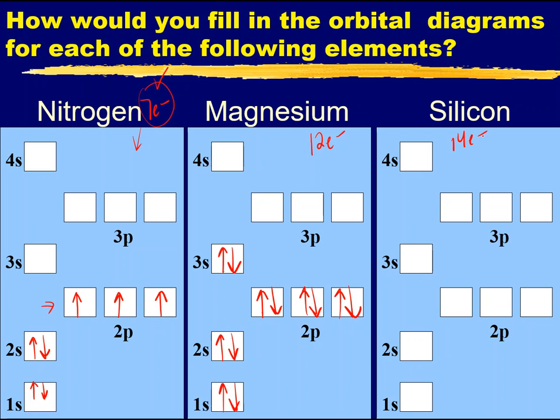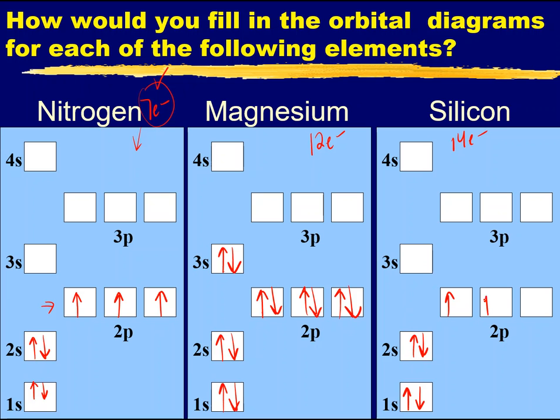Silicon has 14 electrons and we need to fill that. So obviously silicon is going to look very similar to magnesium. Those first 12 are going to fill just like magnesium did, and then we just have to add in the other 2. So 1, 2 go in the 1s, the lowest energy level. We're spinning them in opposite directions and only putting 2 in there because of Pauli's rule, the Pauli exclusion principle.